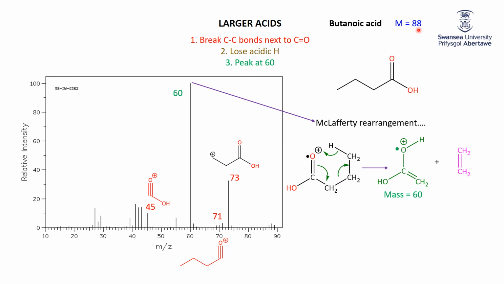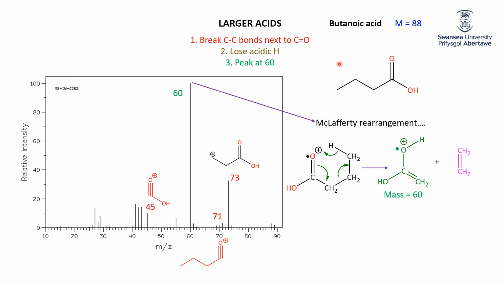We could also expect to see a peak at 59 as we lose another CH2, and then another one at 47. And you can kind of see the 59 and the 47 as we progressively lose those carbons. And again, seeing that sort of chain fragmentation is something diagnostic of some of the bigger acids. So there we are.